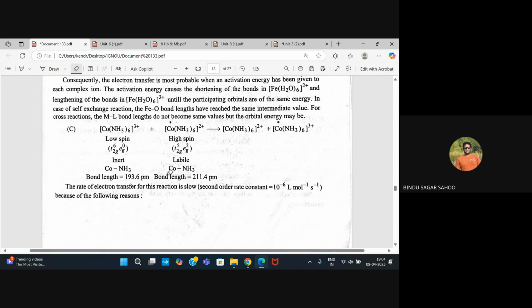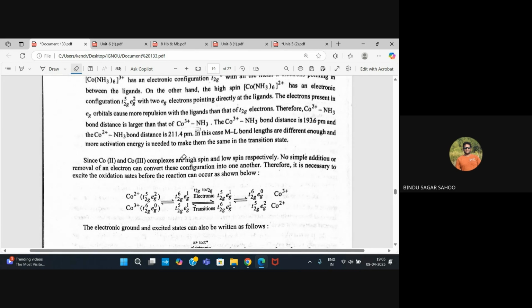So when the incoming electron transfer occurs, it cannot occupy any pi symmetry orbital. So that's why these two complexes are excited by some input energy, or we can apply some condition to make an electronic excitation inside the complex.